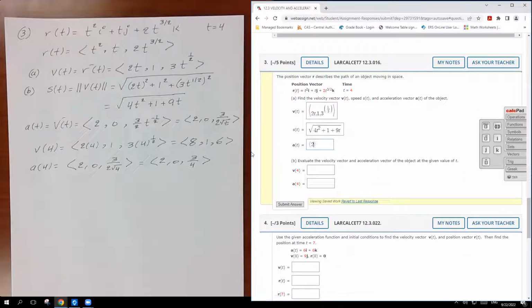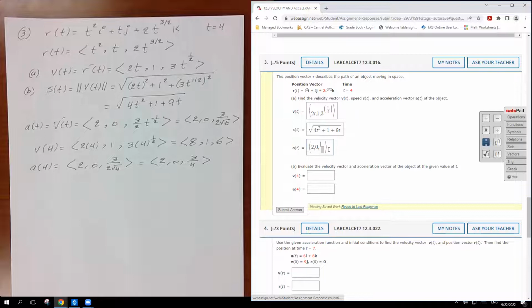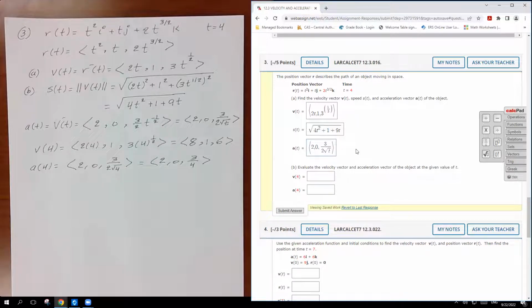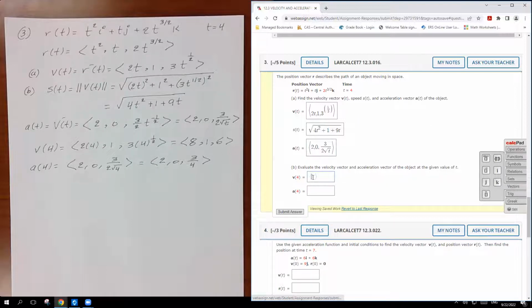2, comma, 0, comma, we're gonna write down fraction 3 over 2 square root of t. And this one is going to be, as a vector, 8, 1, 6, sorry, 8, 1, 6.